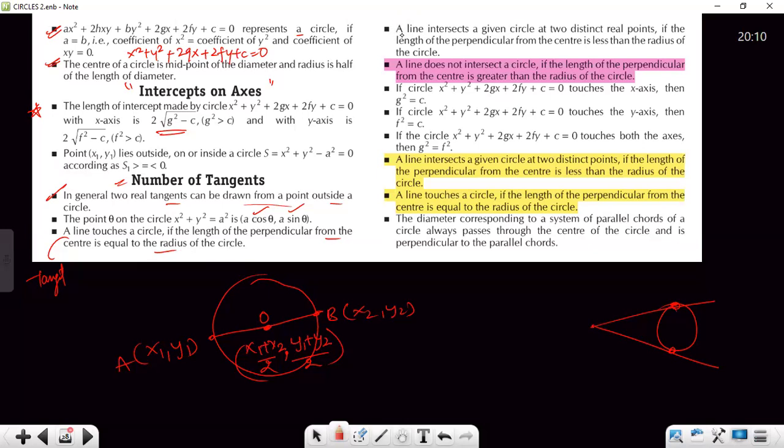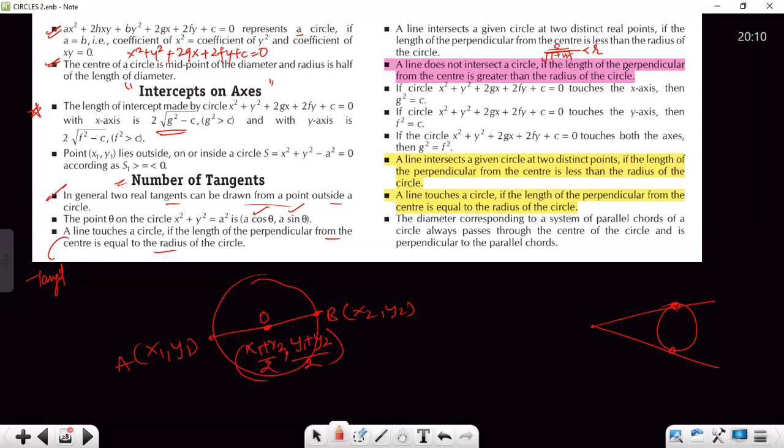Next point. A line intersects a given circle at two distinct real points if the length of the perpendicular, basically the distance, is less than r. We have discussed the distance, which is c upon square root of 1 plus m square. So if this is less than r, then the line is intersecting the given circle at two distinct points.